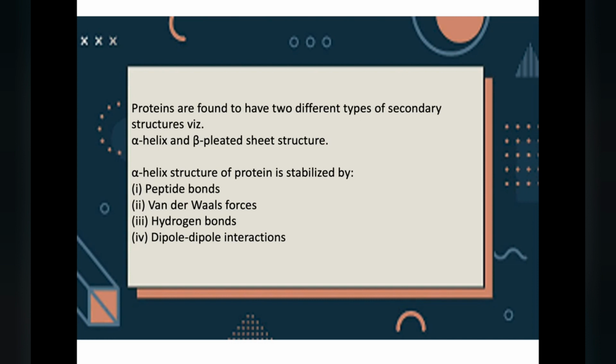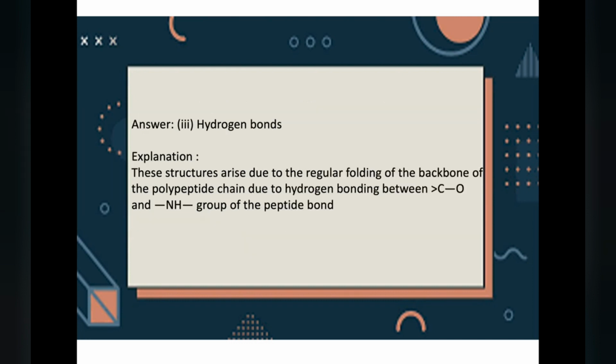First is peptide bonds, second is van der Waals forces, third is hydrogen bonds, fourth is dipole-dipole interactions. What would be the answer? It would be answer choice 3, hydrogen bonds. Now, let us look at the explanation.